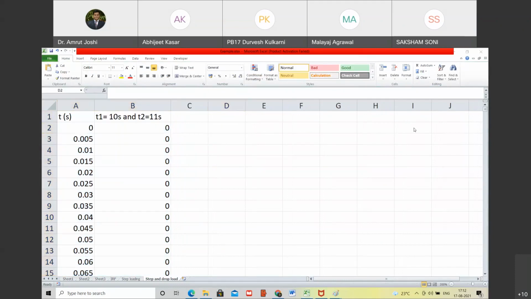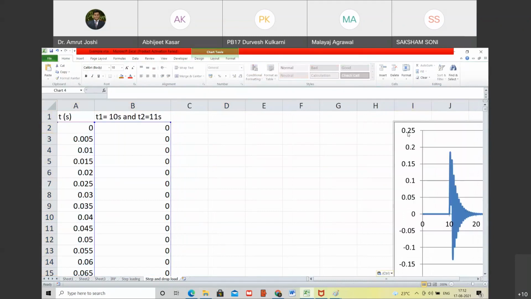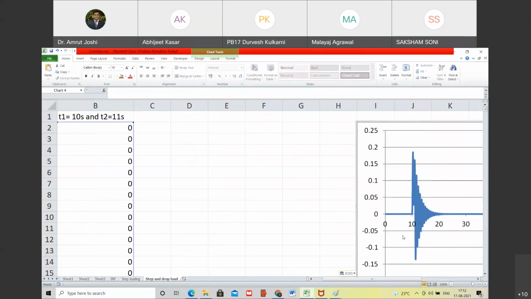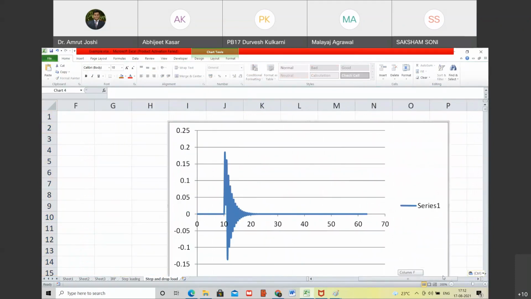Let me plot it somewhere here. So this is the graph for case A, where T1 is equal to 10 second and T2 is equal to 11 second. Now you can observe from 10 to 11 seconds, you see that the vibration is occurring about some other point.